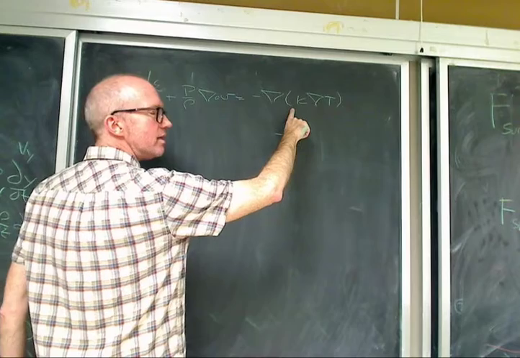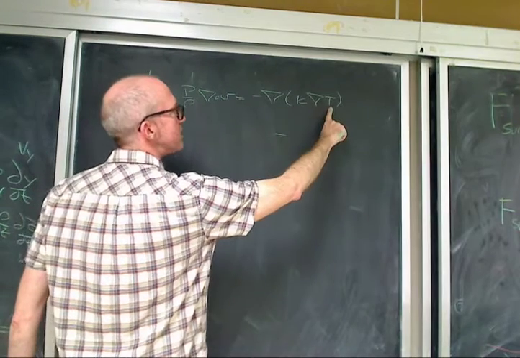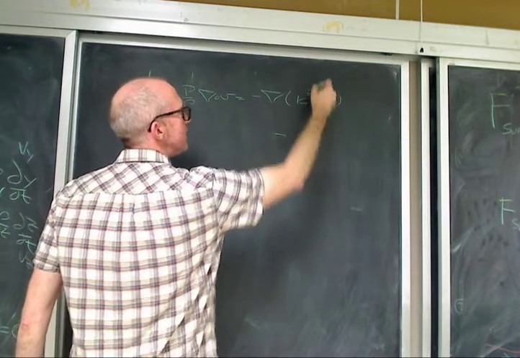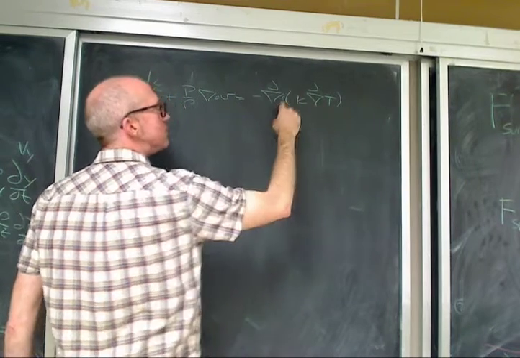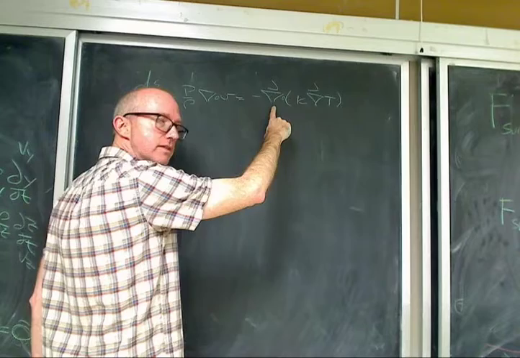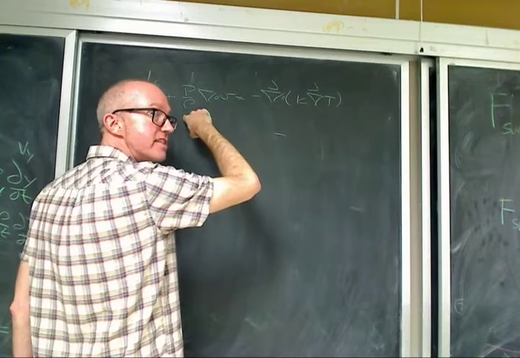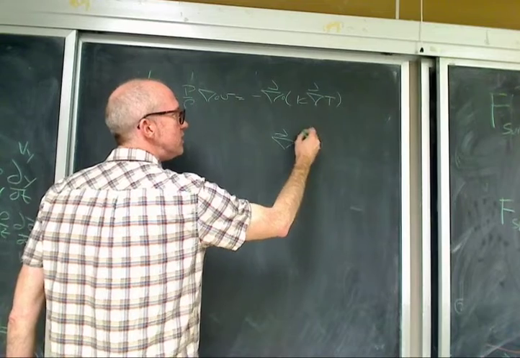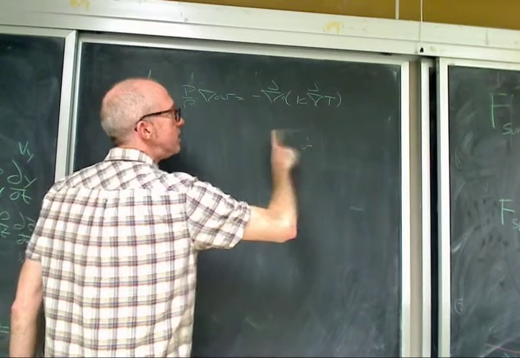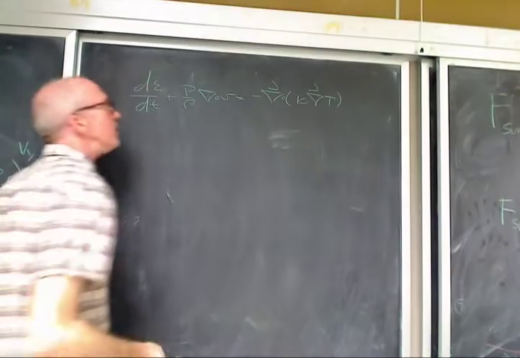There's a dot product that needs to be in here. T is a scalar. That's a vector, so this quantity is a vector. This needs to be a dot product here because this is a vector, and this side is a scalar. I'm pretty happy taking nabla of a vector because that's 3 equations. But this is a scalar, so it needs to be a dot product.